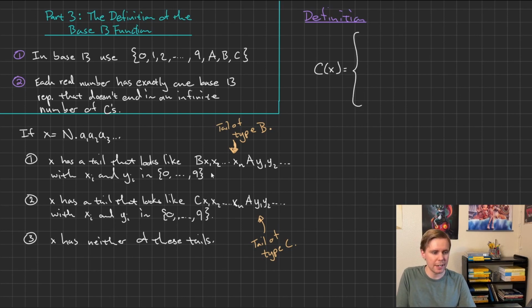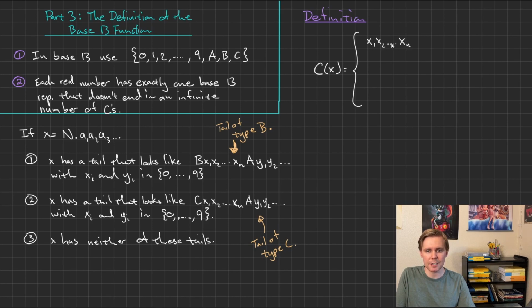Now I'm going to use the same notation that I've used down here. So x is some number, and it either is going to have a tail like this of type B, like this, type C, or neither of those two. So if x does have a tail of type B, then the output of Conway's function is going to be the following: x1, x2, all the way up to xn.